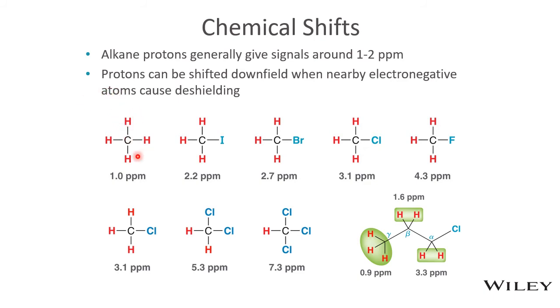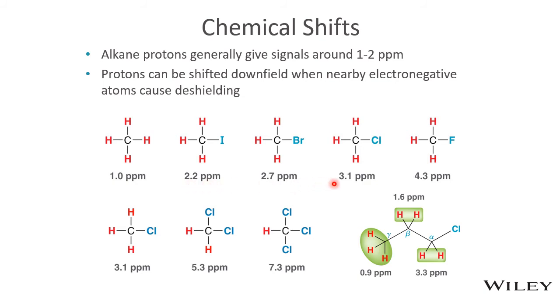So for example, with methane, which is just a basic alkane, we would normally expect to see a chemical shift for these hydrogens at around 1.0 ppm. Now, if we introduce iodine, which is a little more electronegative than the carbon and hydrogen, the iodine is going to pull some of that electron density towards itself and make these hydrogens more de-shielded. As we get more de-shielded, we're going to increase the chemical shift to about 2.2.